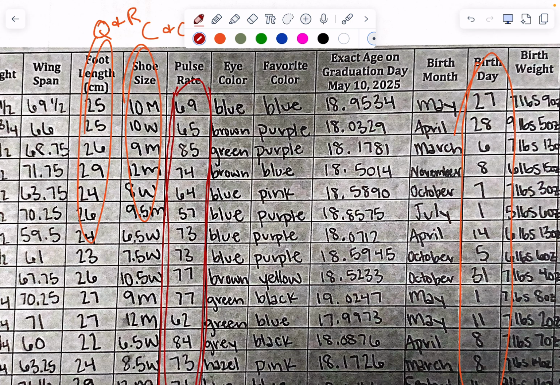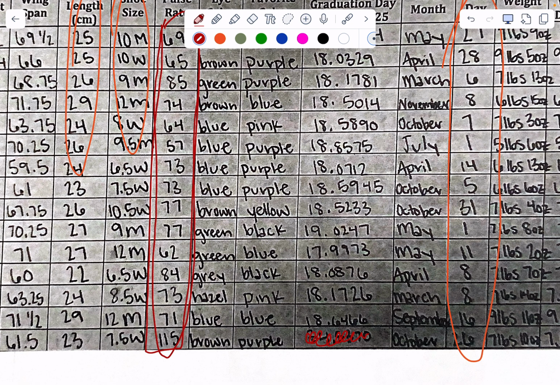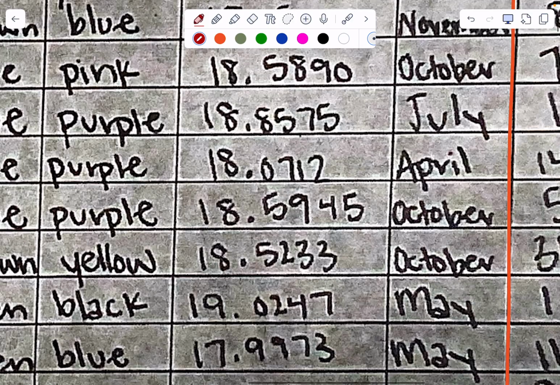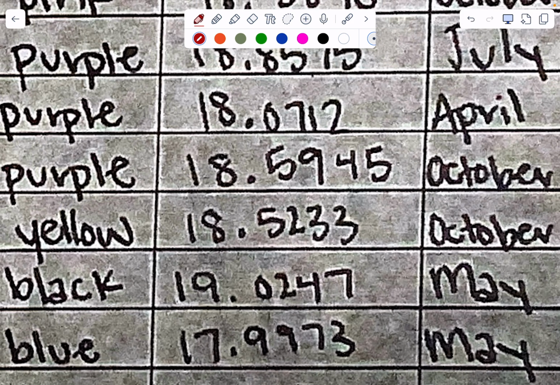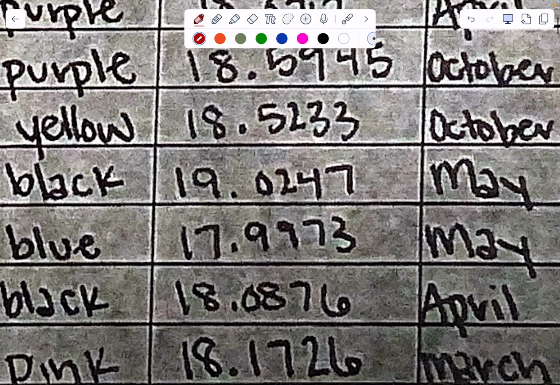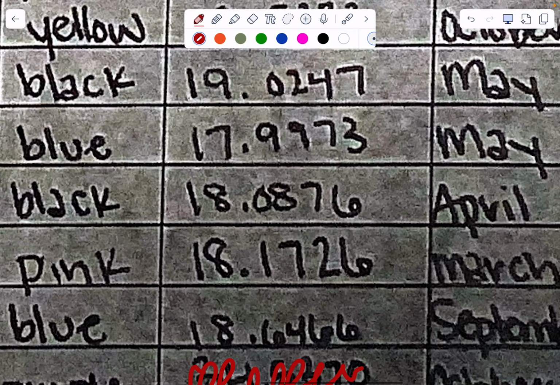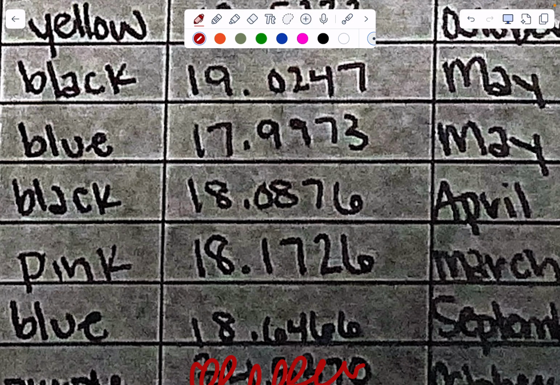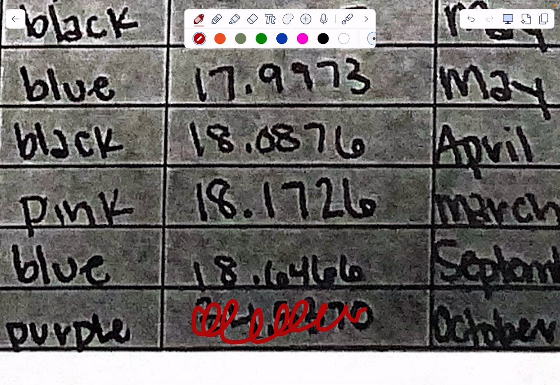18.9534. 18.0329. 18.1781. 18.5014. 18.5890. 18.8575. 18.0712. 18.5945. 18.5233. 19.0247. 17.9973. 18.0876. 18.1726.